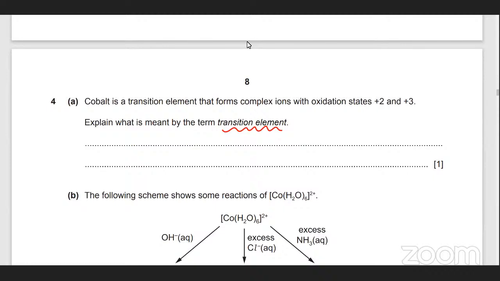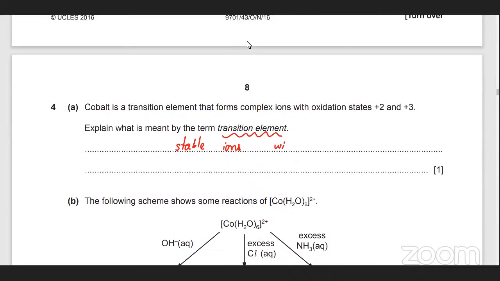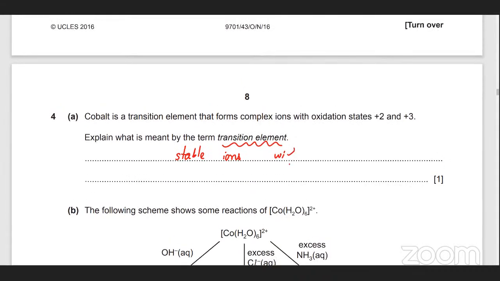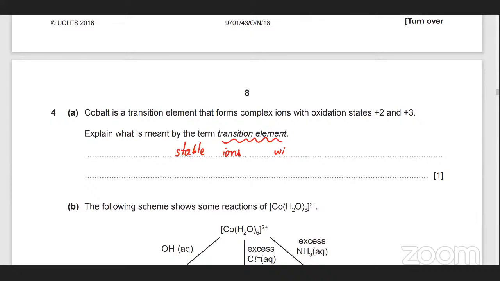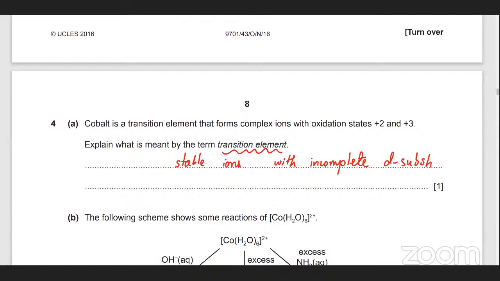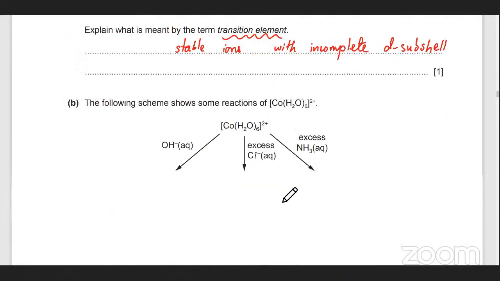Transition element की definition से we're going to start, and that is कि it forms stable ions with incomplete D subshell. With incomplete D subshell.